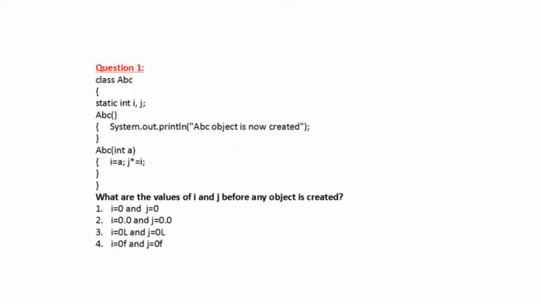So here comes the first question. Here you are given a class called ABC. You have two integer static variables.